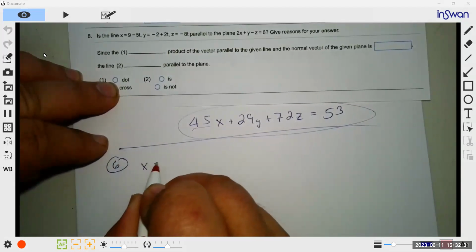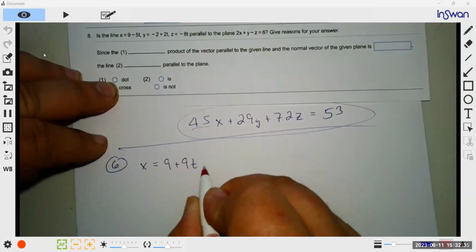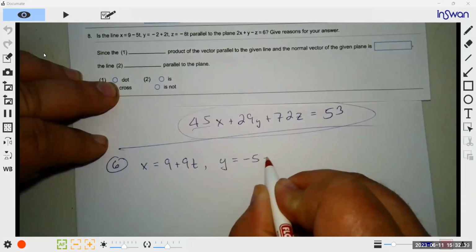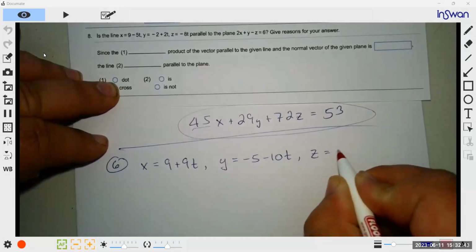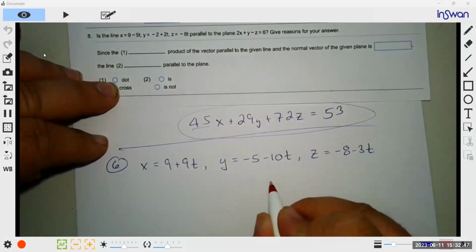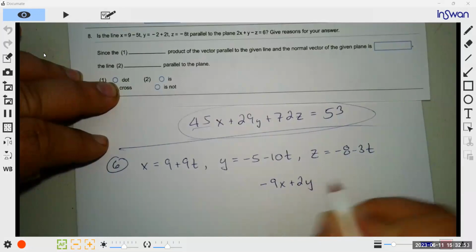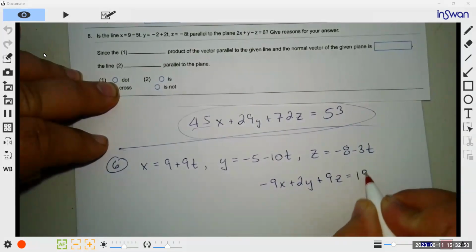We have x equals 9 plus 9t, y equals -5 minus 10t, z equals -8 minus 3t. And the plane is -9x plus 2y plus 9z equals 19.